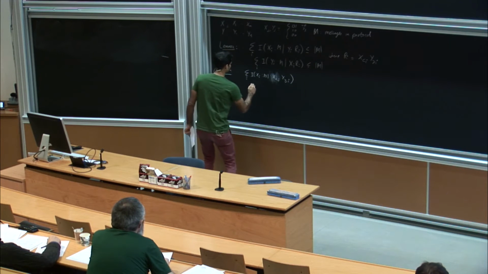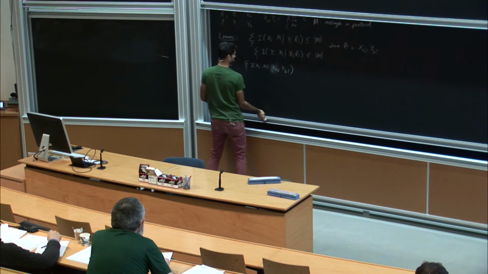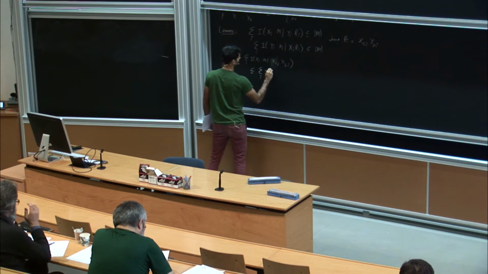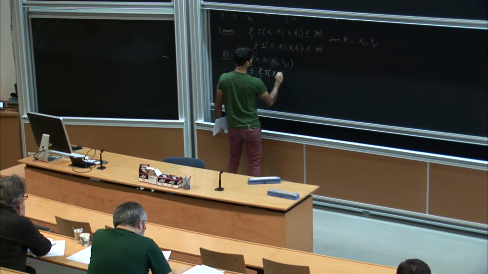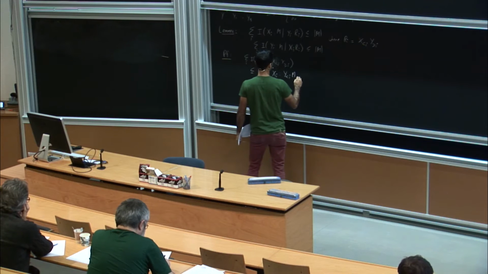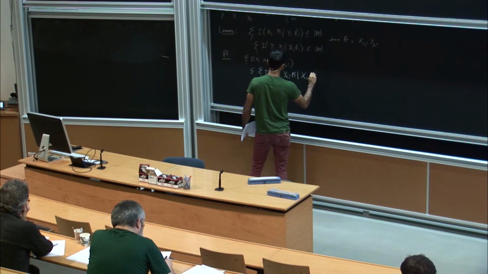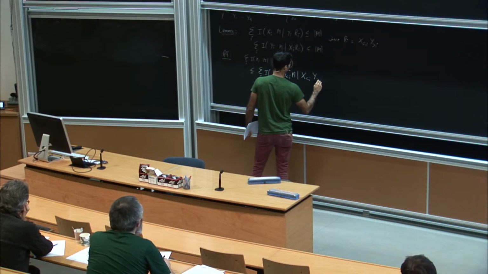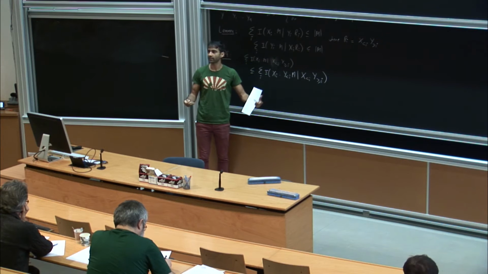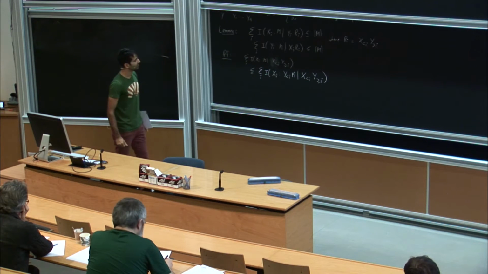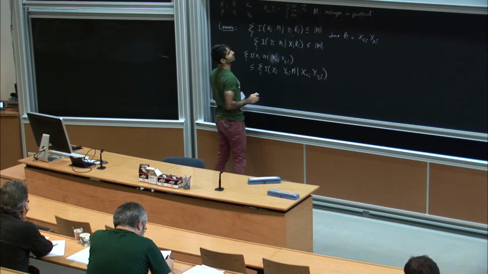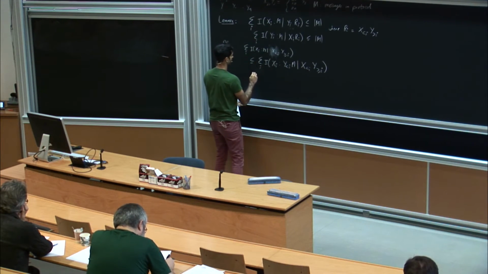So what we can do is, this is at most the sum over i of the information that xi has with y less than i and m, given x less than i, y greater than or equal to i. Okay, so I'm only adding more stuff, so you can only get more information. And now we'll use the chain rule.